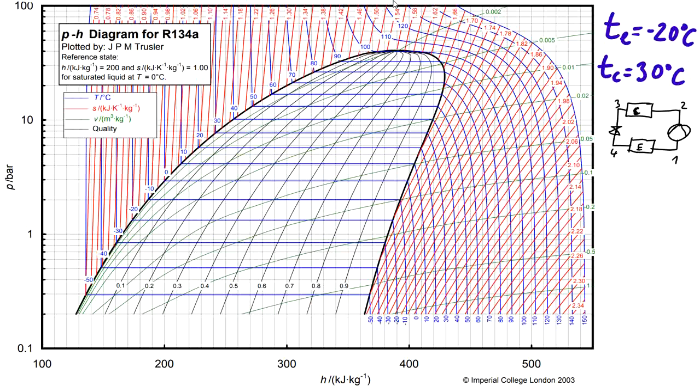So the point 1, we said that it would be at the steam quality of 1, directly at the saturated vapor point, and at the temperature of the evaporation -20.